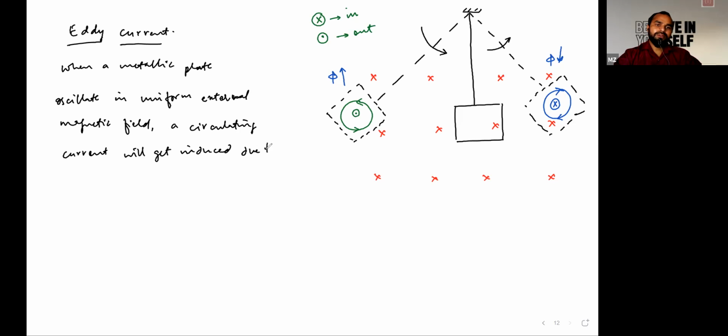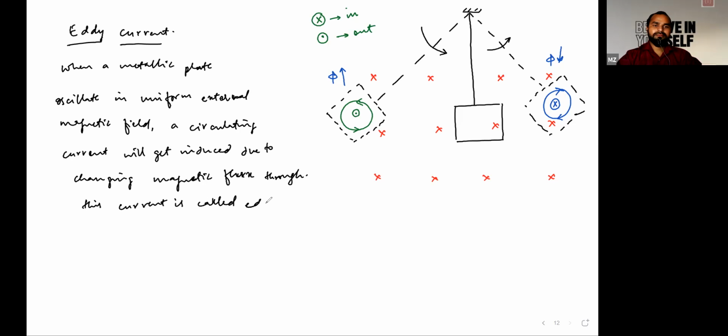Why so? Due to the changing magnetic flux through it. This circulating current is called eddy current. Ahmed, is it clear?